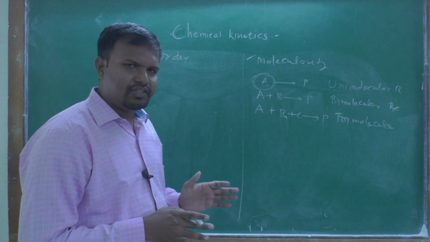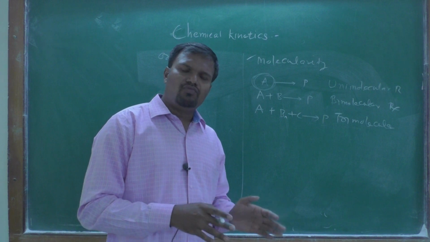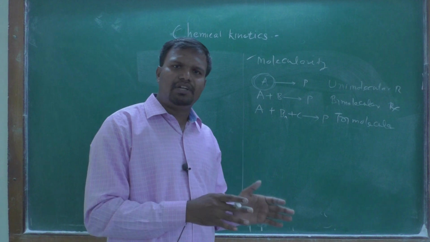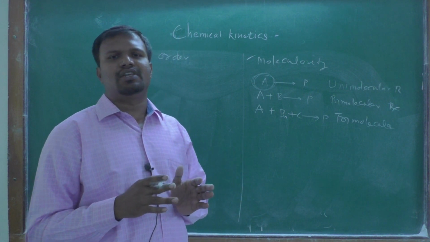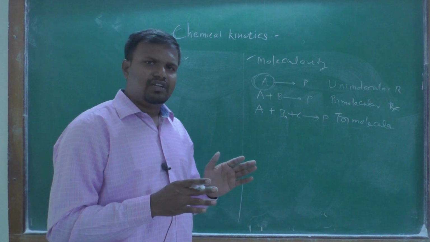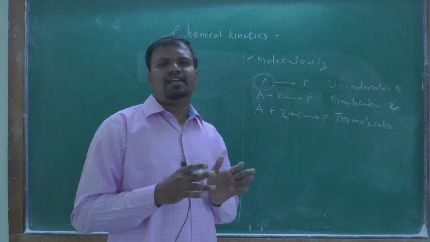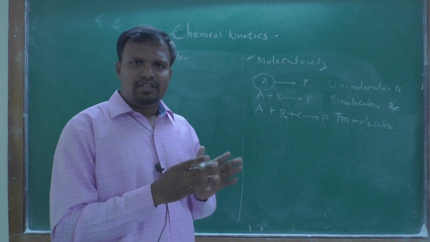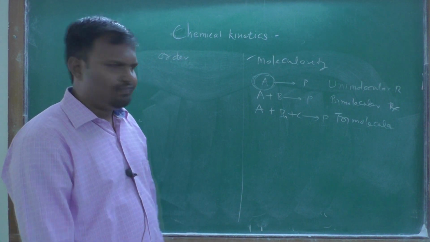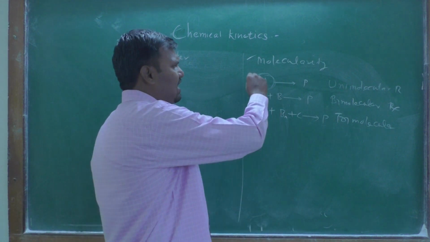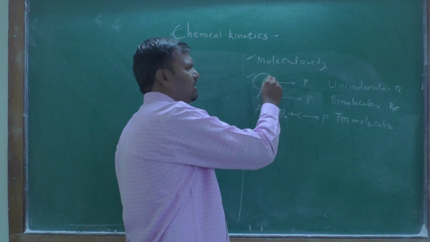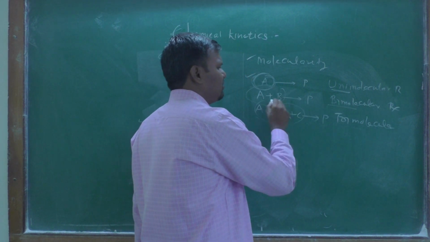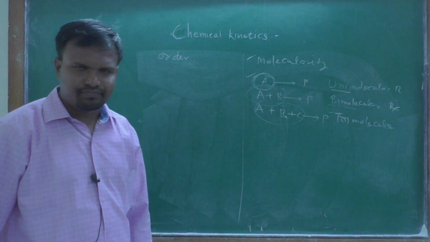Those reactions that complete in only one step are elementary reactions, and those with more than one step are complex reactions. Therefore, for these reactions, if only one reactant is there, it is unimolecular, two reactants, bimolecular, and three reactants, trimolecular.